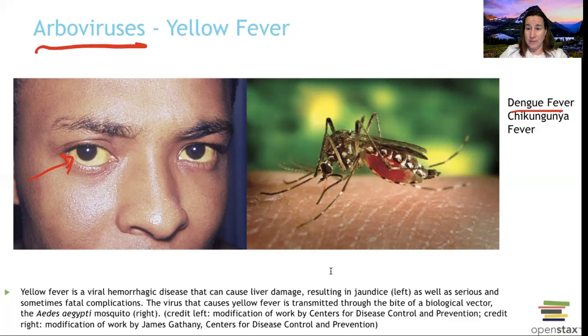So that sounds terrible. And then sometimes things get better and you feel like you're okay, and then it will come back in a couple days, and a couple days later it can progress to something called hemorrhagic fever or shock syndrome, DHF or DSS.